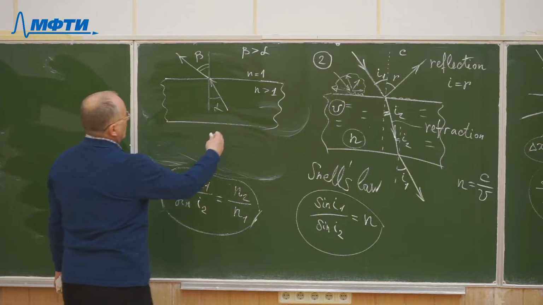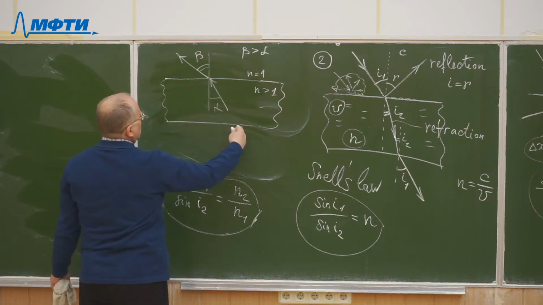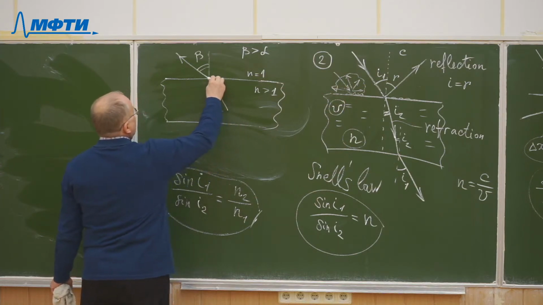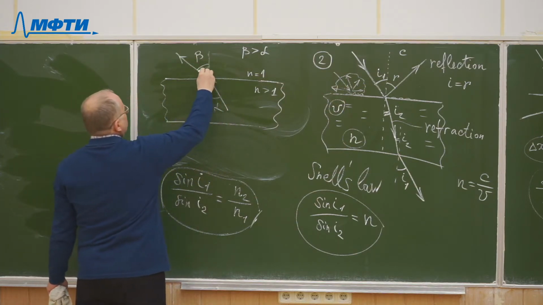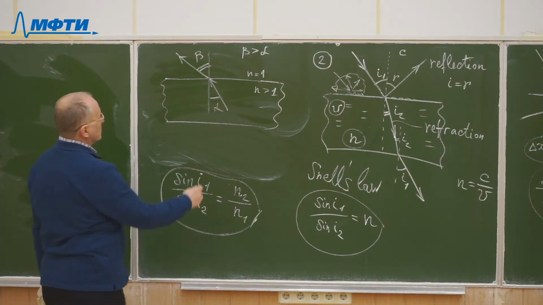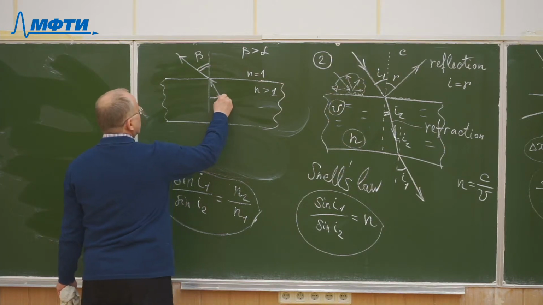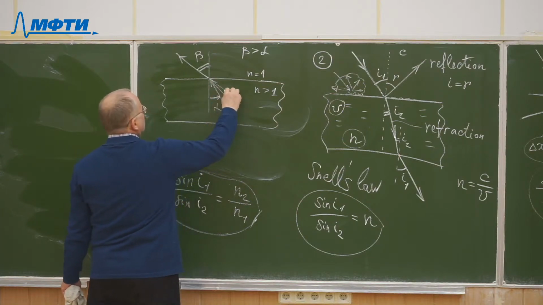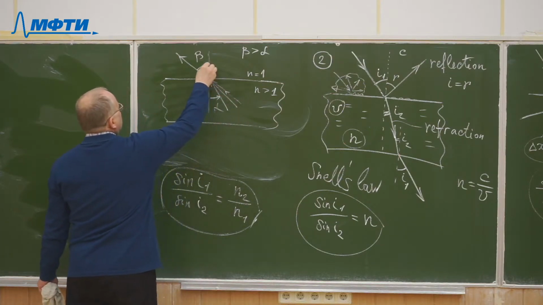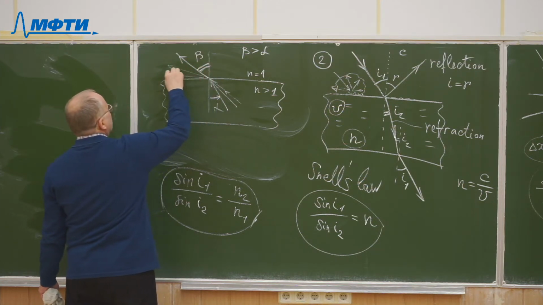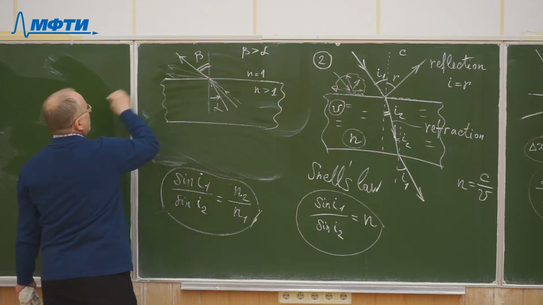So if the light beam goes from the glass plate out into the air, then this angle beta will be larger than alpha. What happens if we increase the angle alpha step by step and send the rays at larger and larger angles? Then angle beta will also increase, and the rays here will go closer and closer to the surface.